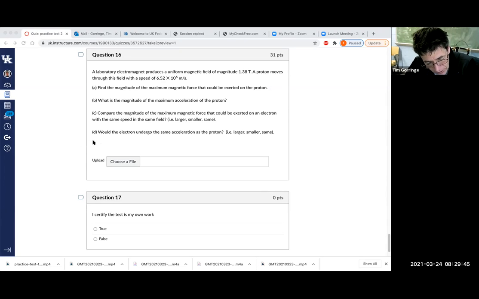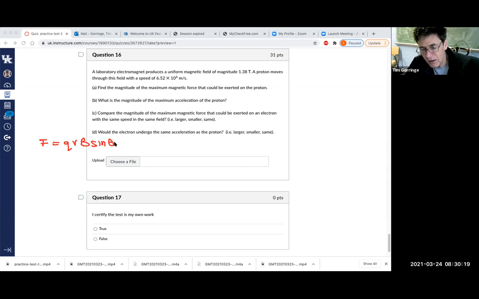And that equation is that the magnetic force on a moving charged particle is the product of the charge of the particle, the velocity of the particle, the magnetic field, and the sine of the angle between the two vectors that are in the problem.